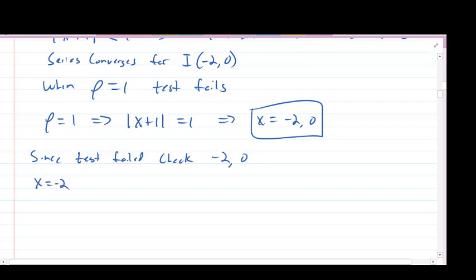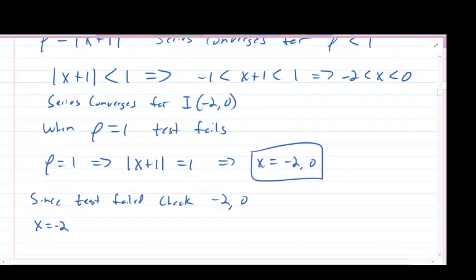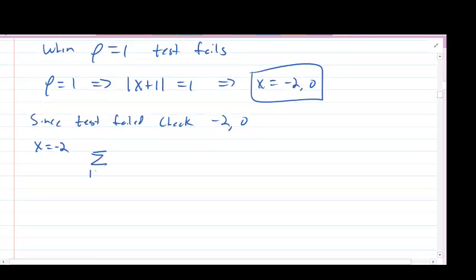So when x is equal to minus 2, right, what do we have? I'm going to have to go back up here, and we're going to have the summation as k goes from 1 to infinity of (x plus 1) to the k over k, and we're going to do this at x equal to minus 2, so that's (minus 1) to the k over k.